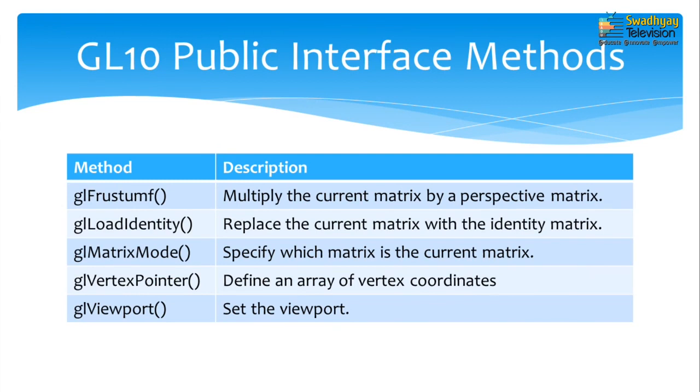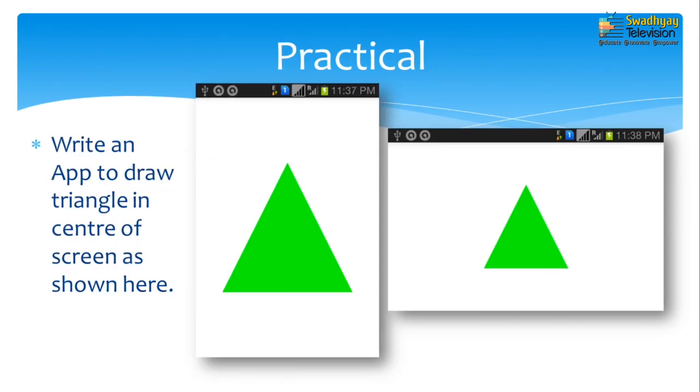These functions are used for performing tasks like translation, rotation, zooming, etc. Then we have a method called glMatrixMode, which specifies which matrix is the current matrix, and we have glVertexPointer, which defines an array of vertex coordinates for drawing a shape, and finally we have glViewport, which sets the viewport. So, these are the methods that we are going to use in our program.